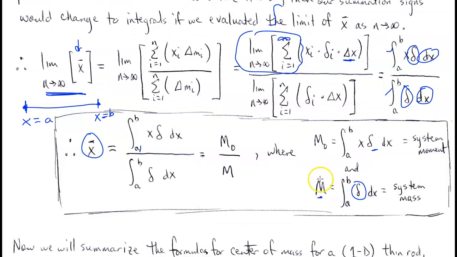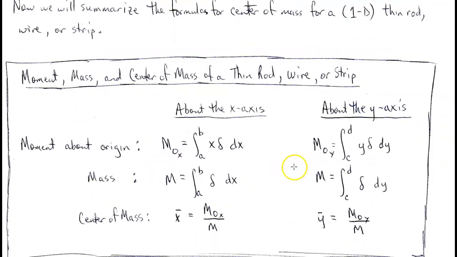Now, to summarize, we see here that our moment about the origin, and notice I have this subscript x, because we're doing this about the x-axis, or horizontally, I should say, looks pretty much like what we went over earlier: the integral from a to b of x times the density dx.